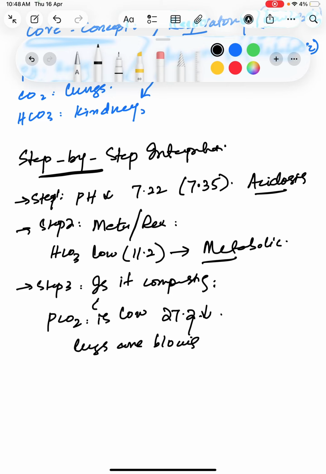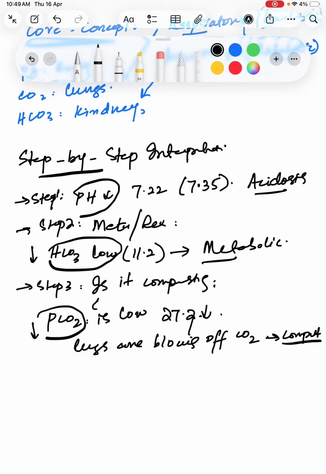Okay, so we have learned from the values that pH is low, HCO3 is low, and CO2 is low. Now the pH is maintained by the body, HCO3 is maintained by the kidneys, and partial pressure of CO2 is maintained by the lungs. So if HCO3 is low and partial pressure of CO2 is low, it means that this is metabolic and it is compensating, and the pH is low, it means that this is acidosis.